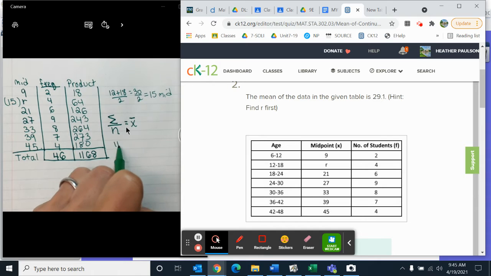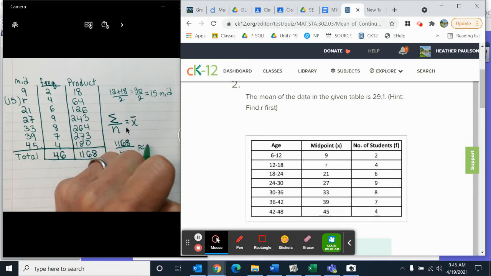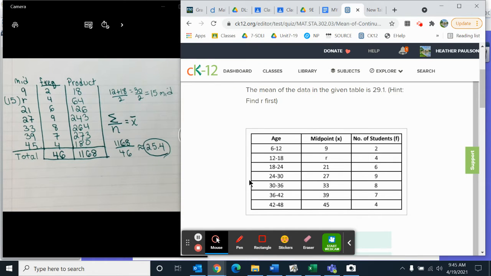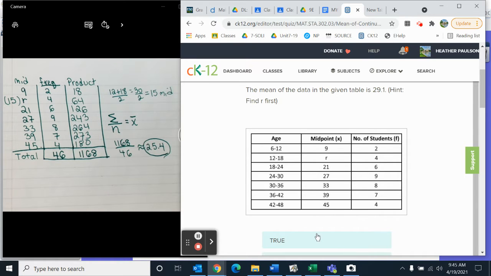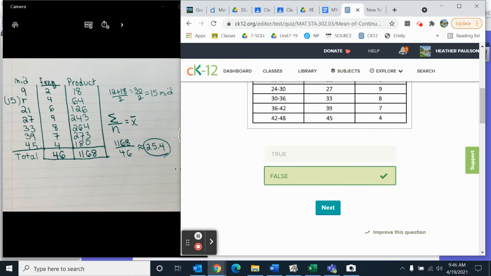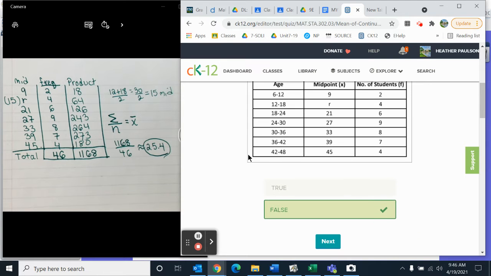So we need 1168 divided by 46, and we get 25.4. So this is false. And keep going.